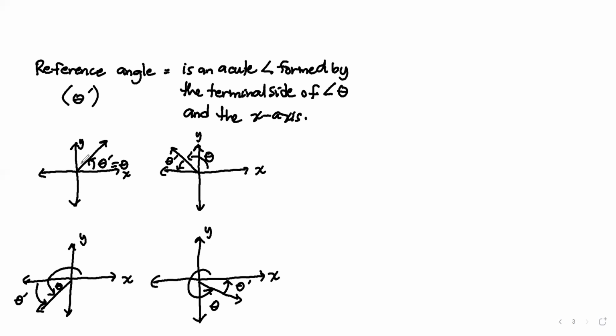If the theta is in the first quadrant, like this one, since the theta is in the first quadrant, obviously it's an acute angle. Therefore, whatever theta falls under the first quadrant is also the reference angle.